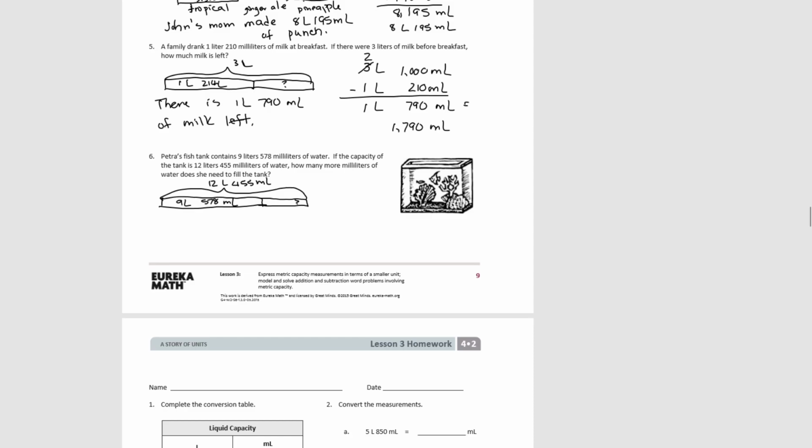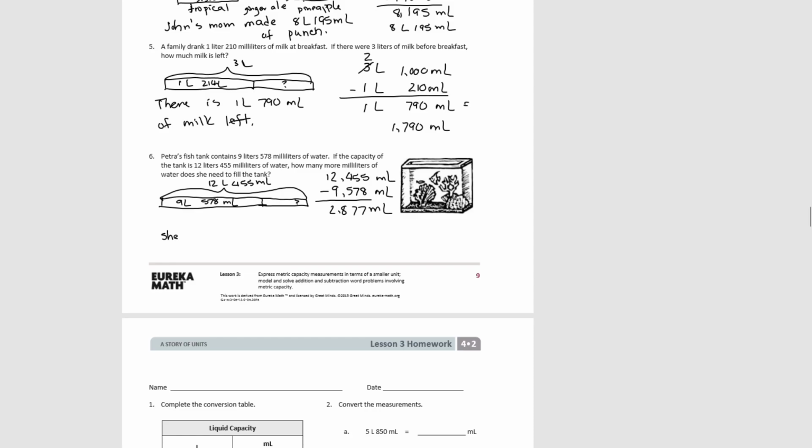Let's do this one by writing both of the measurements in milliliters. So the total tank is 12,455 milliliters. The amount that's already in there is 9,578 milliliters. We're going to subtract, and when we do that, we end up with 2,877 milliliters.